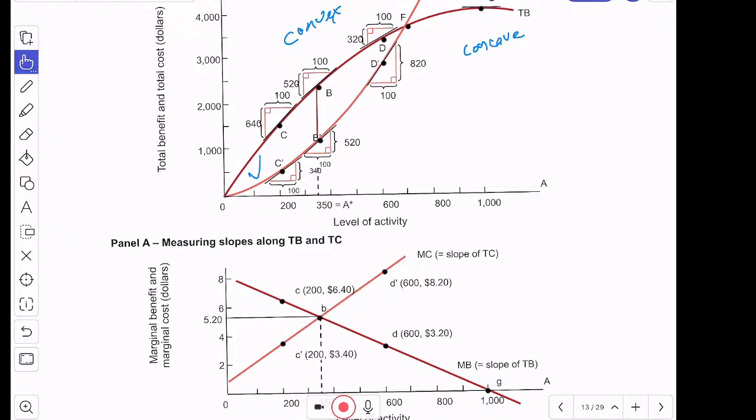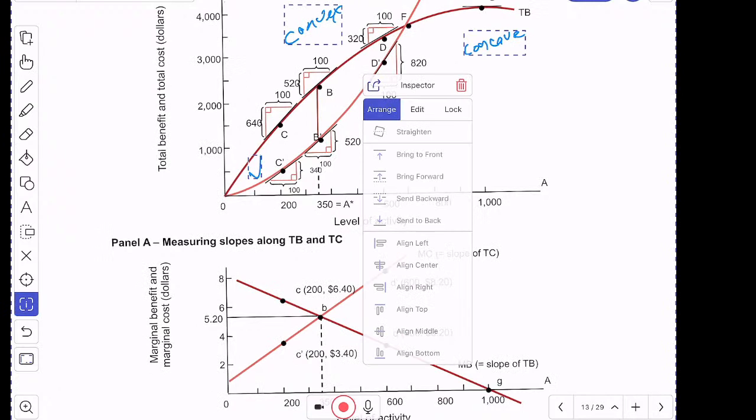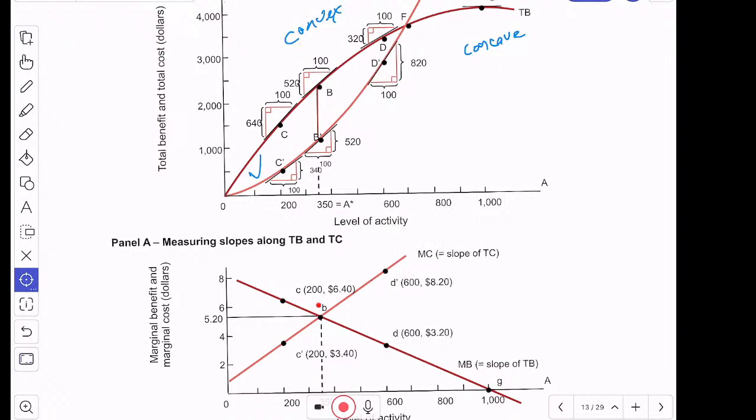All right, and where marginal benefit equals marginal cost happens to be at the same place where net benefit is maximized. So this is just another way to see it. This is another way to solve the problem, right?